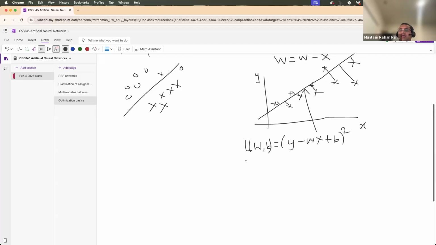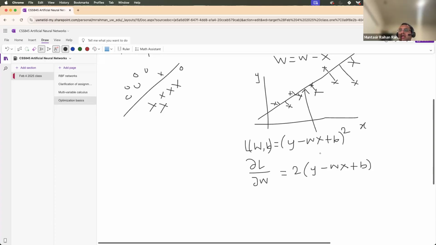Okay. And then what would we do? To find the best points, we take the derivative of this loss function with respect to w. In this case, it is going to be 2 times (y minus (wx plus b)), and then with respect to w, we're going to have a minus x.